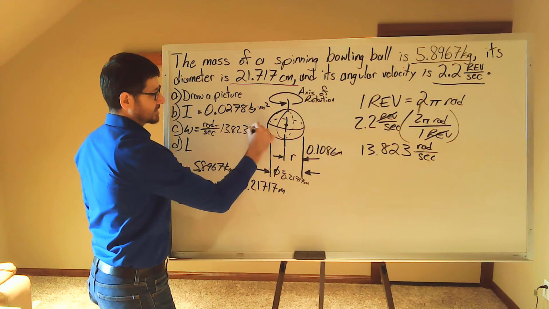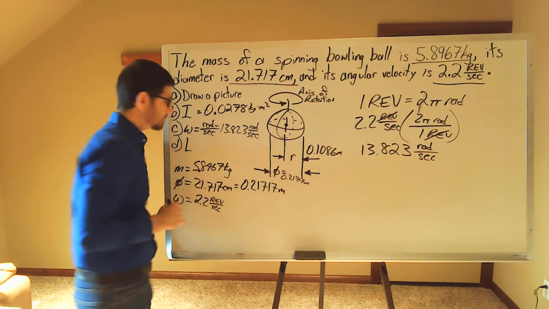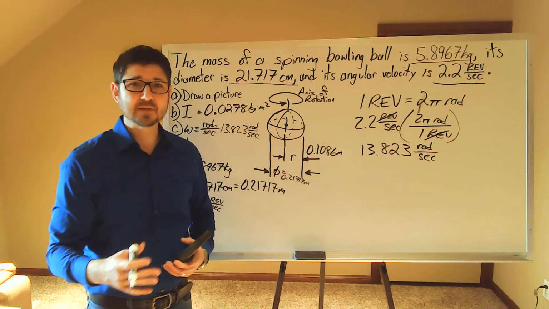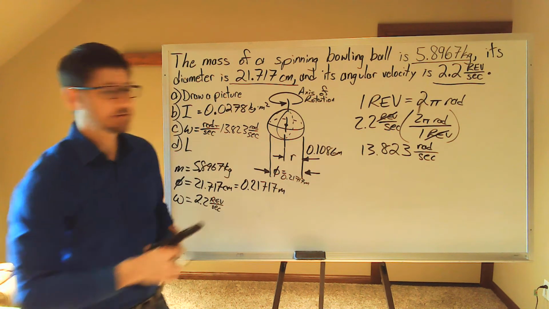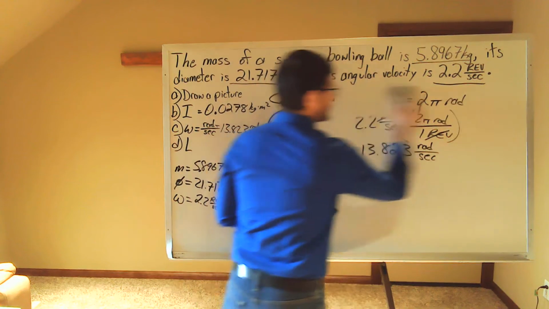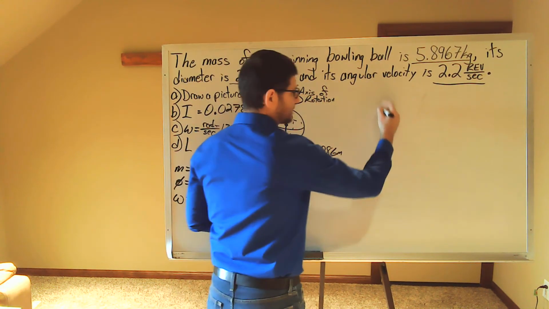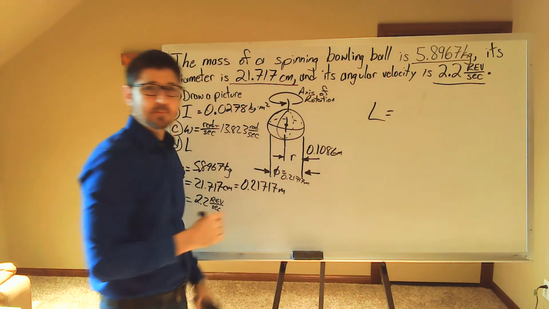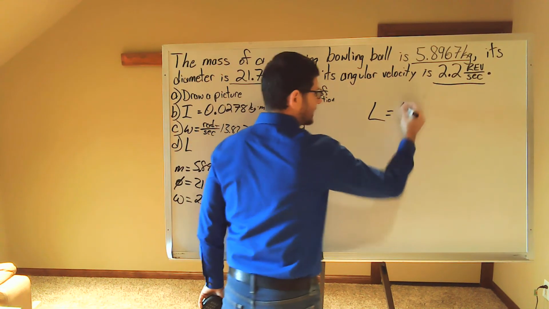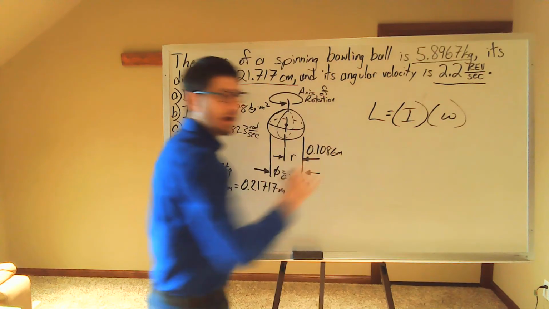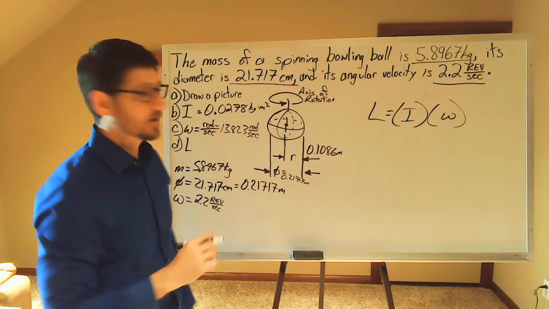13.823 radians per second. Now in part D, it wants us to calculate the angular momentum of the spinning bowling ball. Angular momentum is identified by capital L. This is going to be the object's moment of inertia multiplied by the angular velocity of the object.